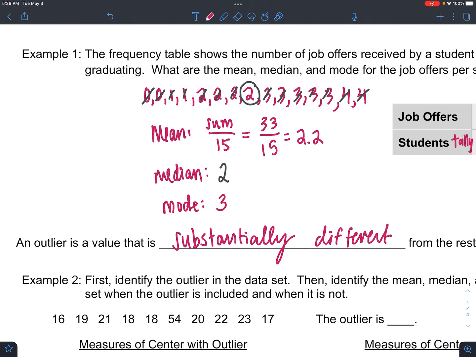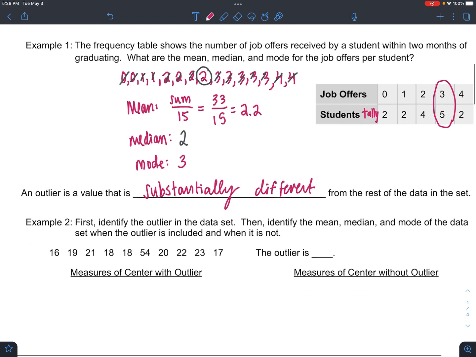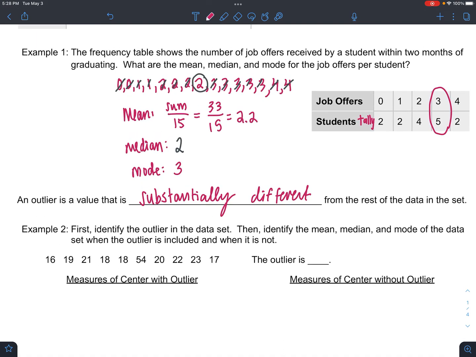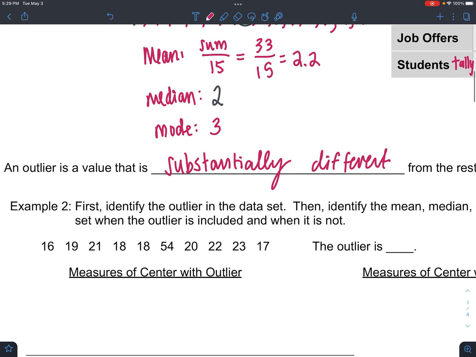It can be an outlier in the negative direction, or it could be a really inflated score. Say you miscalculated a test and they got a 220%, right? That would be an outlier too. They're normally due to miscalculations or just weird occurrences. So in this data set, we see 54 stick out right away as the outlier.